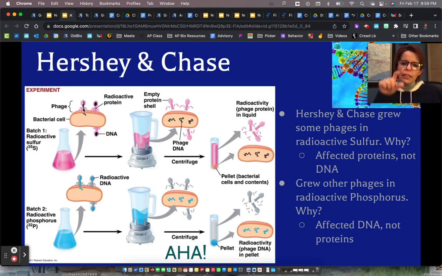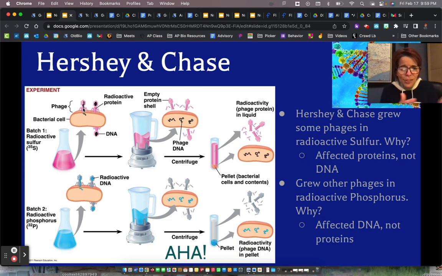And what they discovered in the first batch, all the pellet at the bottom, that's the bacteria's contents. And there's no glowing, there's no radioactivity. And so that means there's no protein from the bacteriophages in those bacteria. There's nothing radioactive in the bacteria.